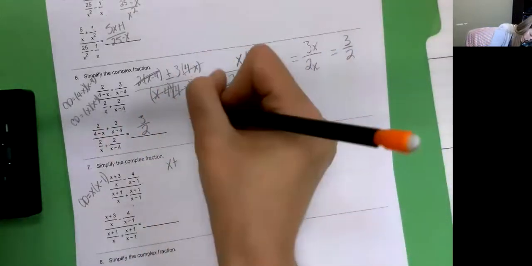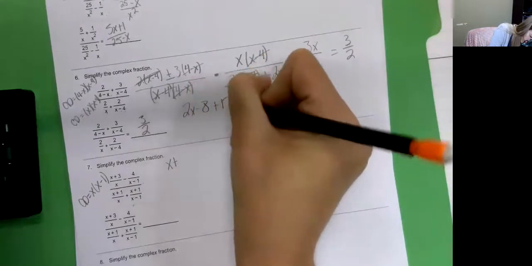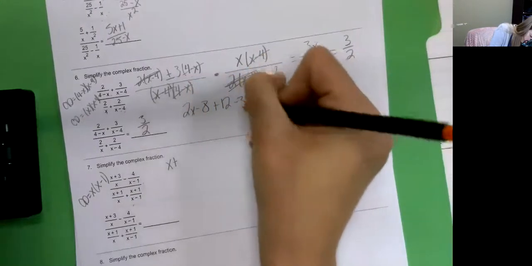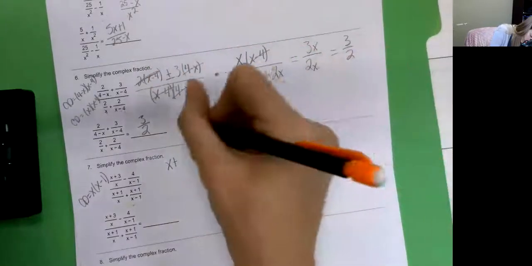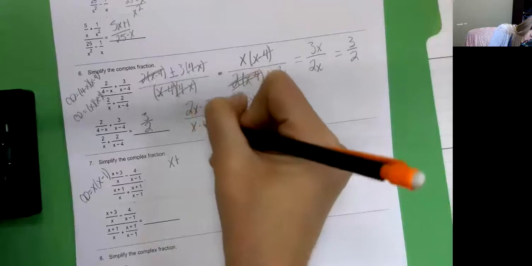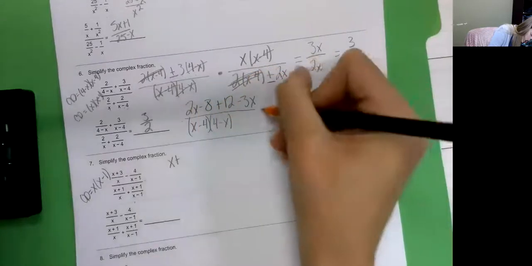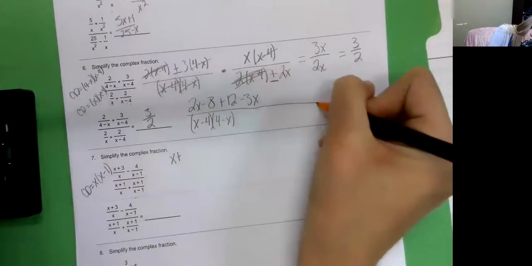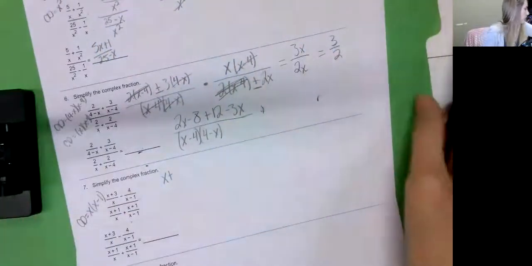So let's go ahead. So I'd have 2x subtract 8 plus 12 subtract 3x. But I'm not going to multiply these out. I should put a box around this and say that it's wrong.